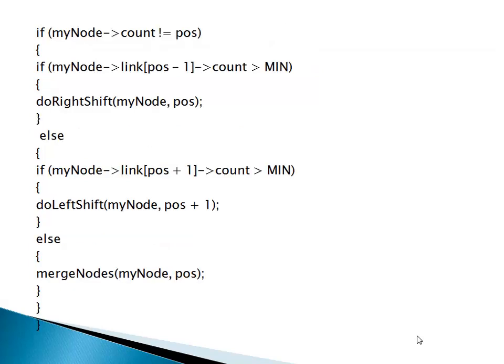Else, that is, if of position, if my node of count is not equal to position, then again checking for the condition, if position minus 1 of count is greater than minimum, then perform a right shift, else perform a left shift. If both are not, then perform the merge nodes.